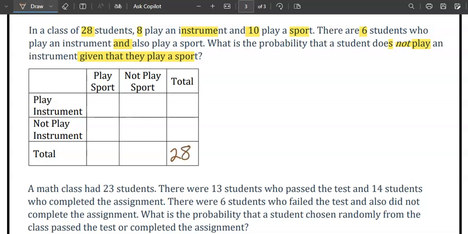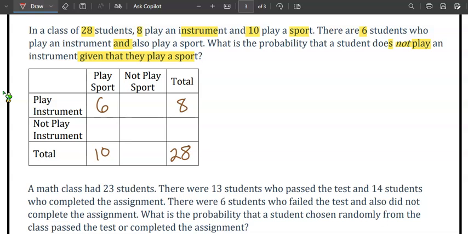So we'll write here. The total number of people that play an instrument is 8. And the total number of people that play a sport is 10. And then there's 6 students who play an instrument and play a sport. So that would go right here. Now that we've written our givens, we want to find what is left and fill it in before we answer the question.